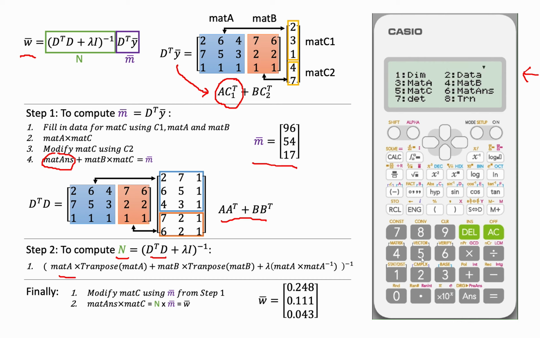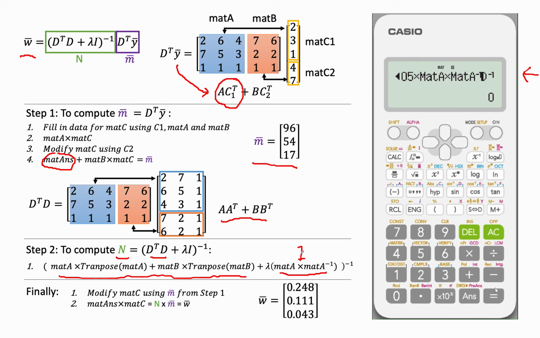So this is how we compute D transpose D. The other trick that we are using here is that, since it is difficult to implement the identity matrix in the scientific calculators, we use the fact that the product between matrix A and the inverse of A is equivalent to I. With that, it allows us to compute the matrix N.